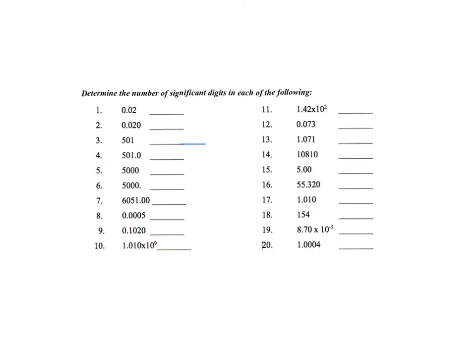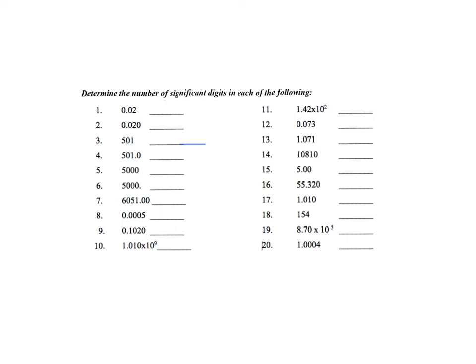So here are all of the class practice problems that we have. We're going to do a few, and then, like normal, pause the video, try to work a few more of them out, and then all of the answers will pop up on the screen. So let's look at number 1, 0.02. You have to identify your zeros first. Before you start counting, before you make any guesses, first just identify the kinds of zeros that you have.